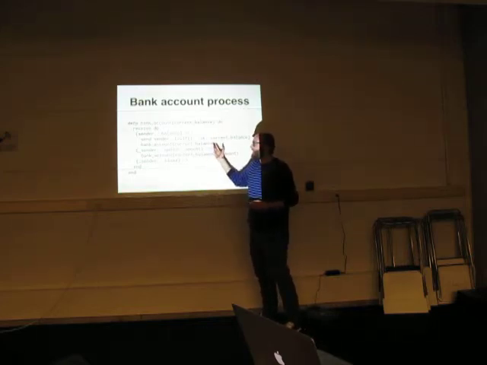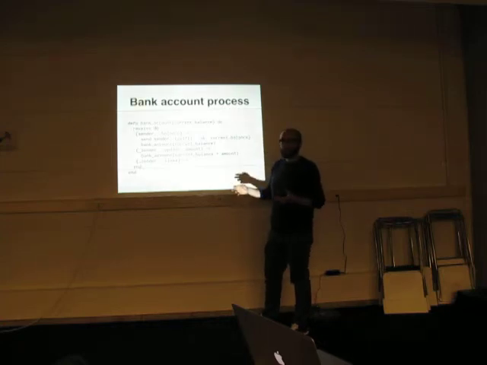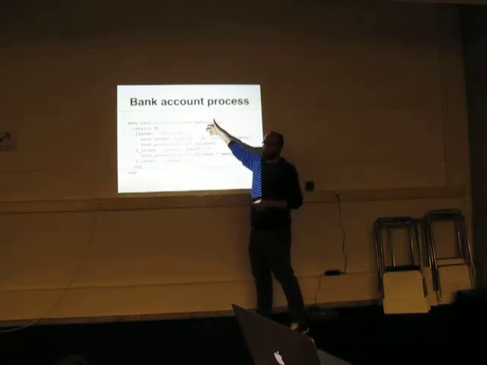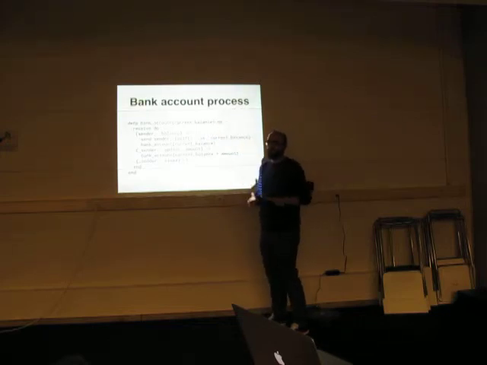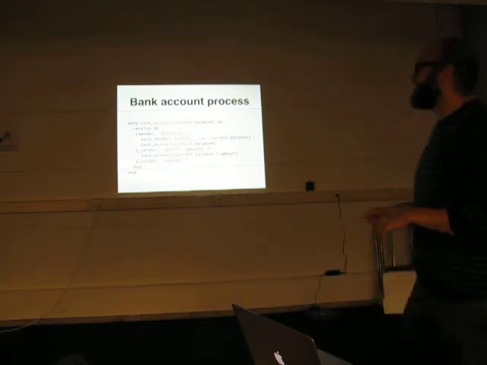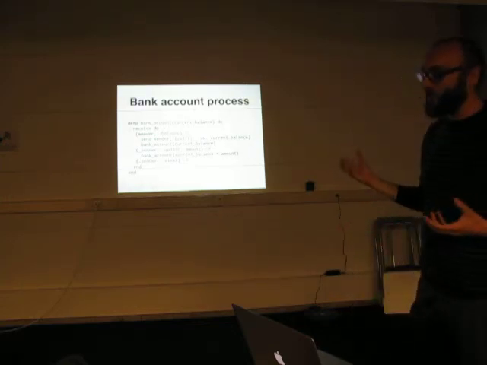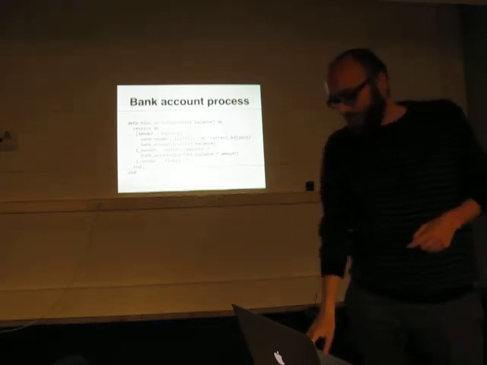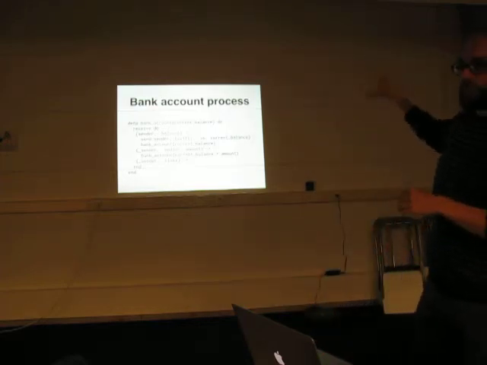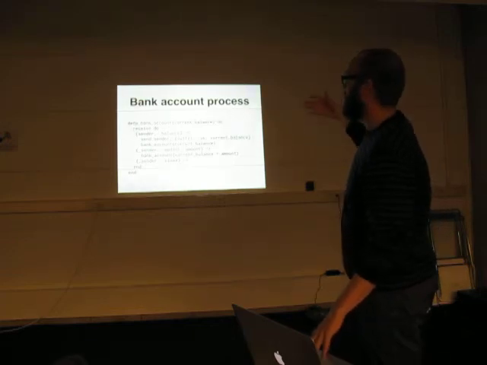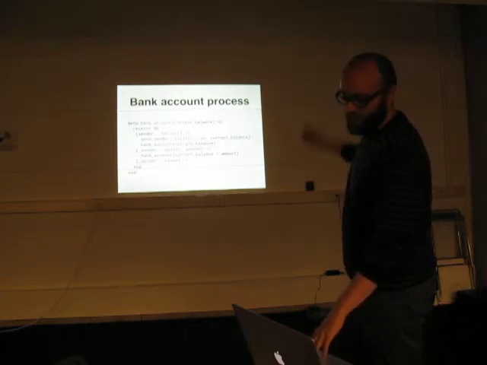And the last message we can get is, let's close this bank account, and in this case we do nothing. We do not go back to the start, so the process will die. So it's a basic way of dealing with processes, and that's, I would say, the server side of things. For each bank account in the system, we would spin up this process.